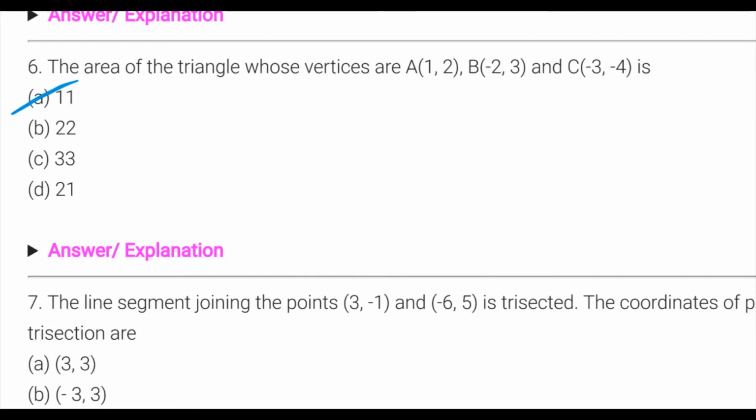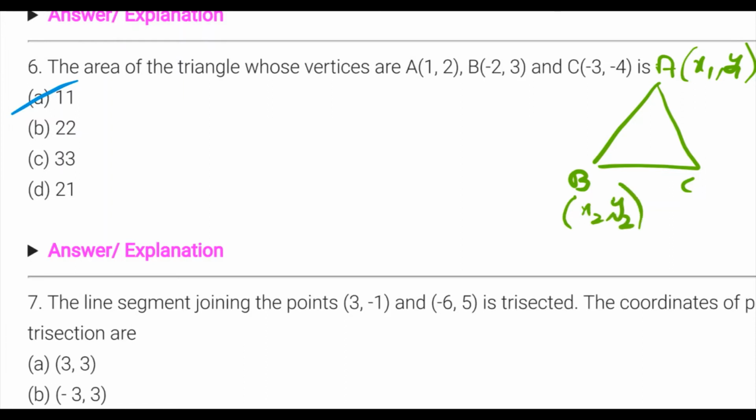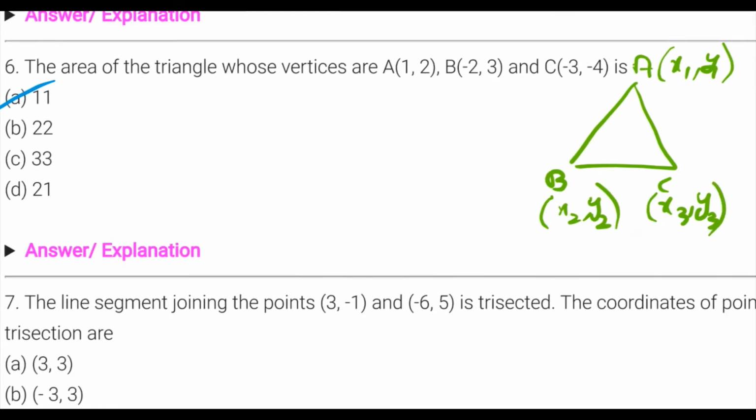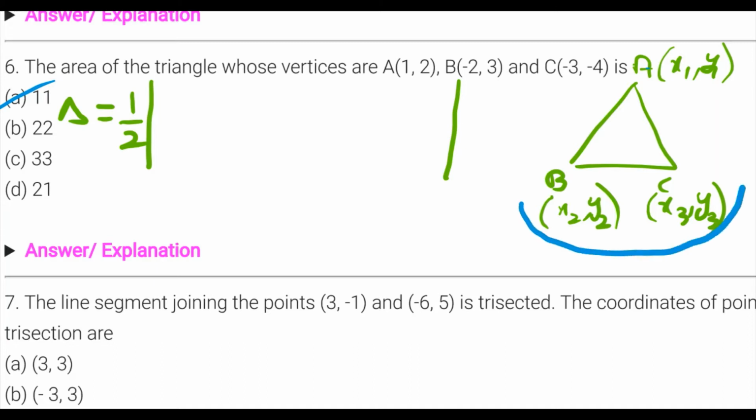If you imagine a triangle ABC with vertices A as x1, y1, B as x2, y2 and C as x3, y3, then the area of the triangle will be equal to half of the modulus of the following. You start at any one point, let's say B, and come back to the same point in the anti-clockwise direction. Here I am starting from B.